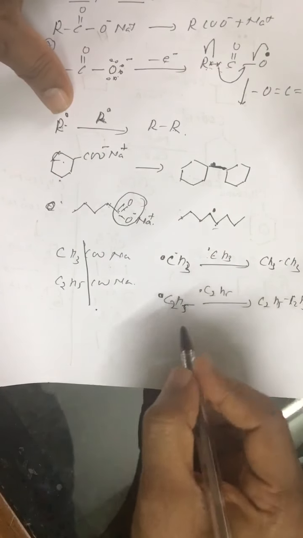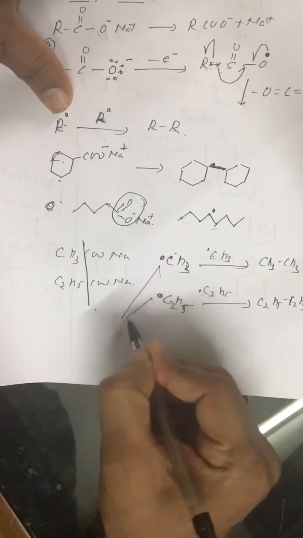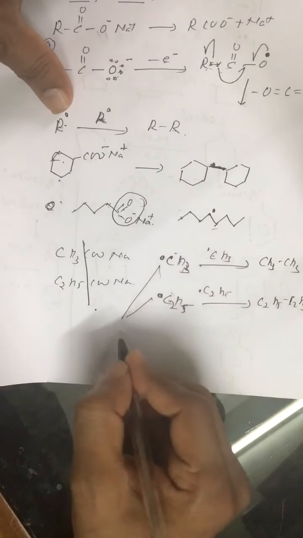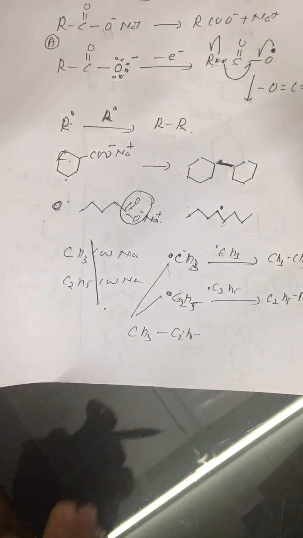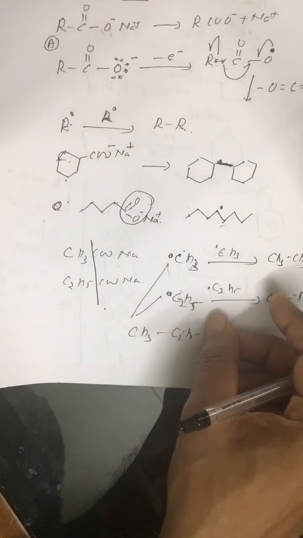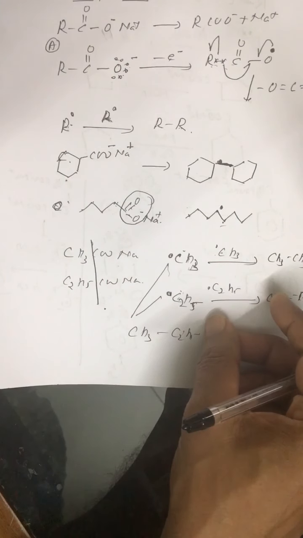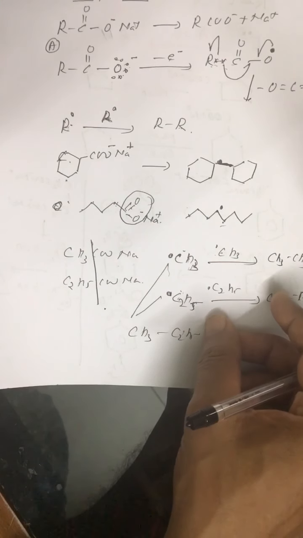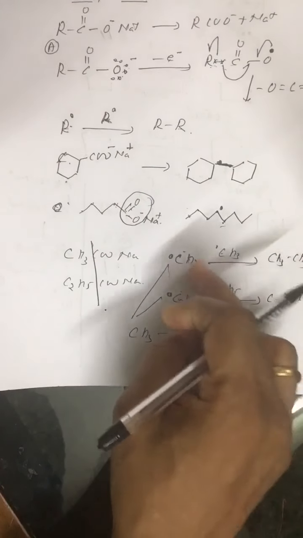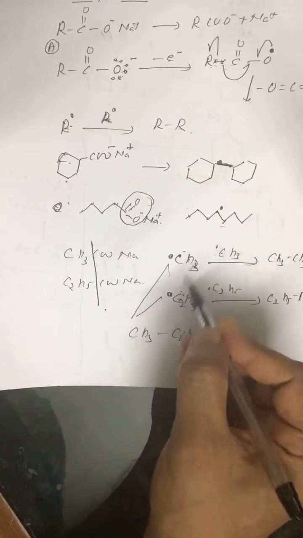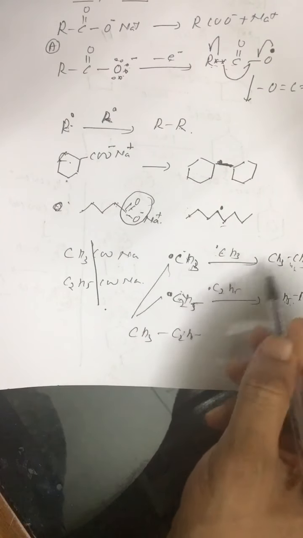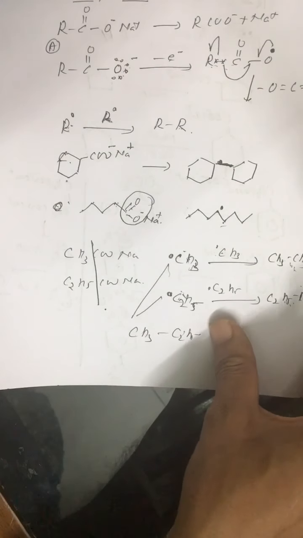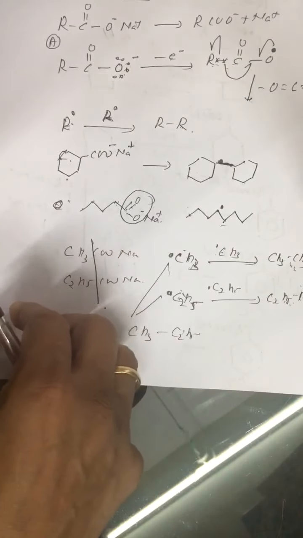The third thing which can be done is you add these two and you get CH3-C2H5, that is propane. So we do get odd-numbered alkanes provided we use a mixture. But the problem is we get a mixture of alkanes like this. So it's comparatively simple.